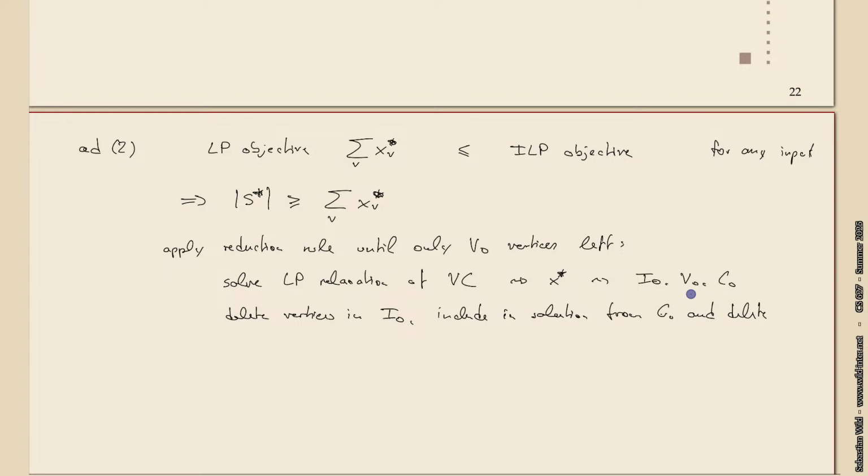I think it's hard to prove whether one round of this reduction is enough, but we can just pretend we apply this reduction as long as we still get vertices where the optimal fractional value is not exactly 1/2. Okay? So after this, we'll have x star v is 1/2 for all vertices in our remaining graph. And let's call this V0 as before.